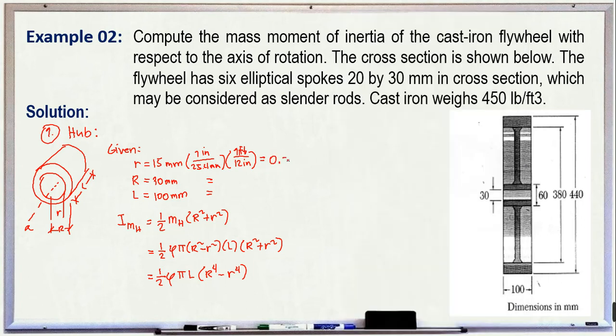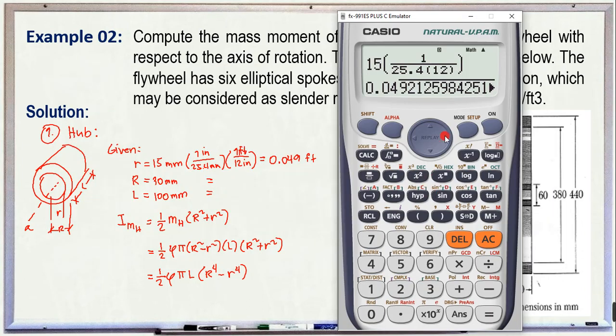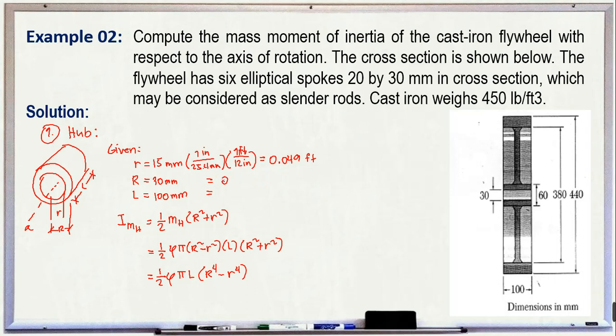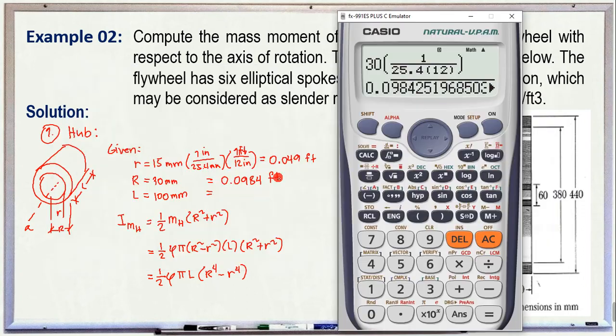So 0.049 foot. Yung bigger radius, substitute lang po natin dito sa ating equation. So we have 30, so we have 0.0984 foot.